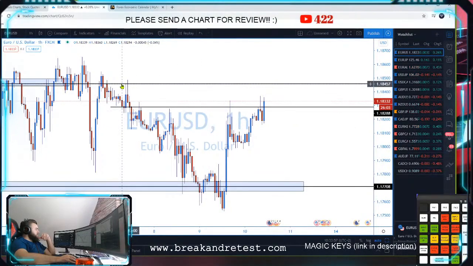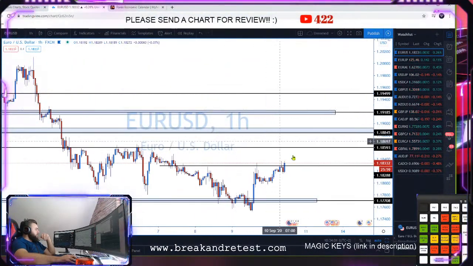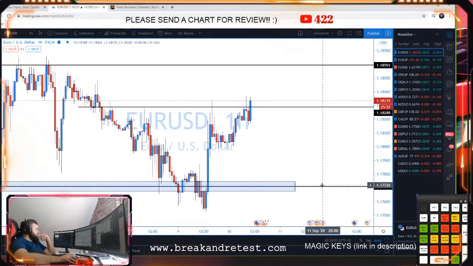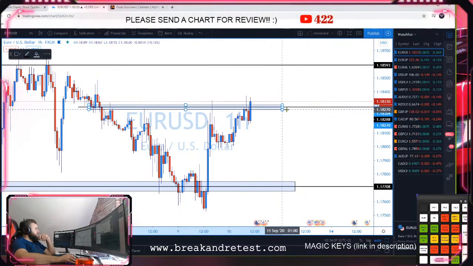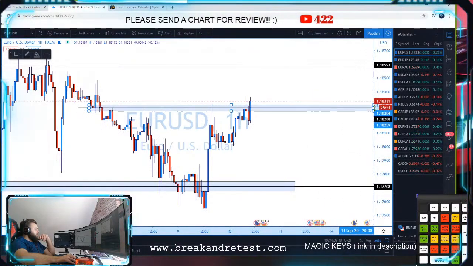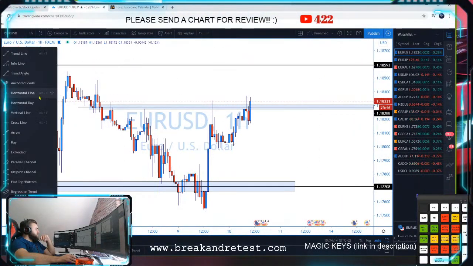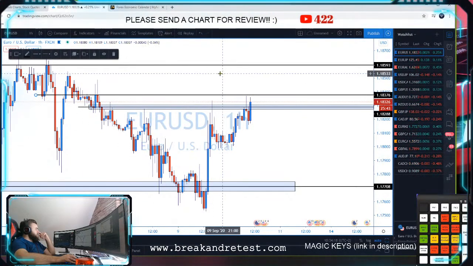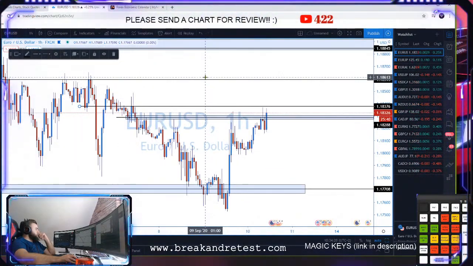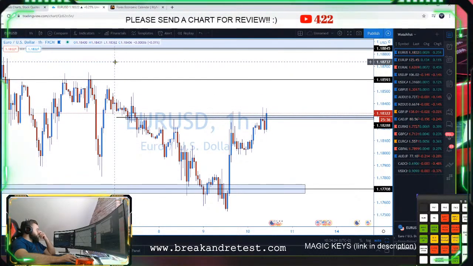It is too messy, so many zones in between, and this level looks good. Can't say it doesn't look good, but I don't know how much it's gonna respect it. We have a lot of rejections at this price here too. I don't know.